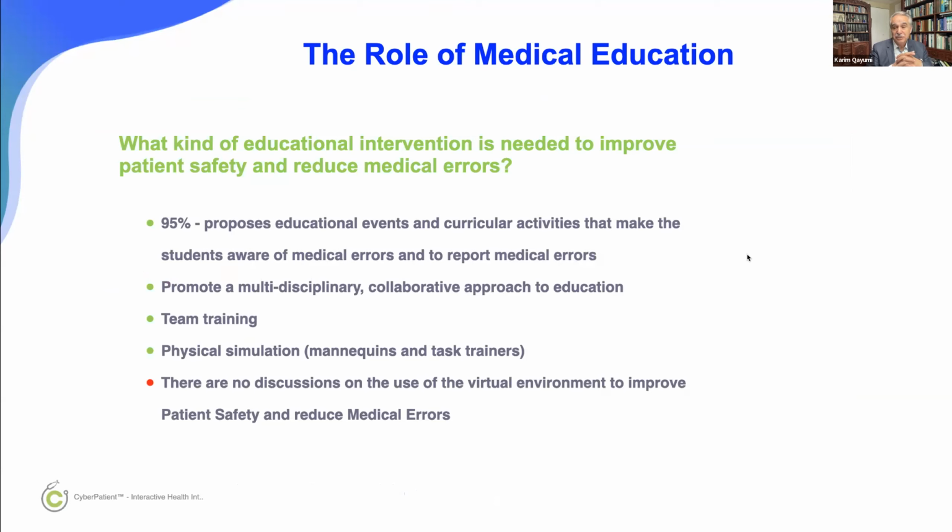If the role of education is important and education is highly effective to reduce medical errors, then what kind of education? When I look at the literature, unfortunately, I have to say that 95% of the literature thinks that educational events and curricular activities that make students aware of medical errors and to report medical errors would be the most important thing.